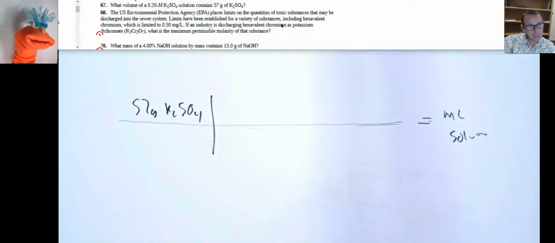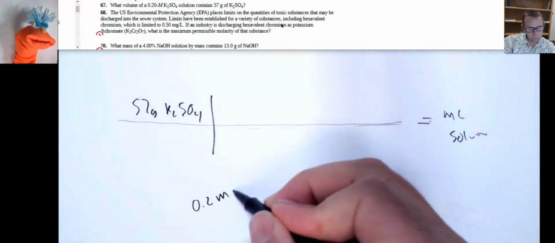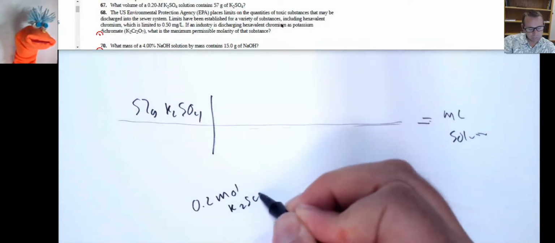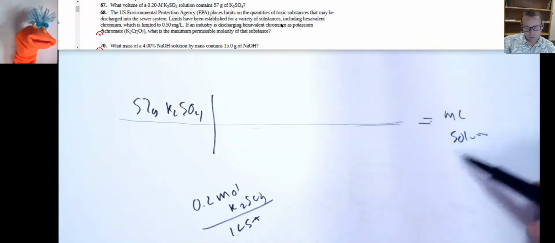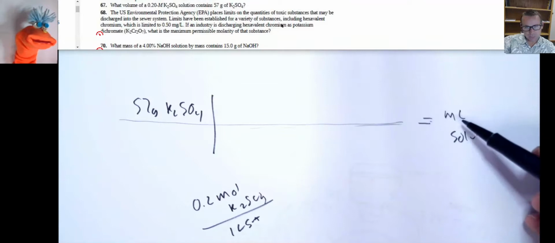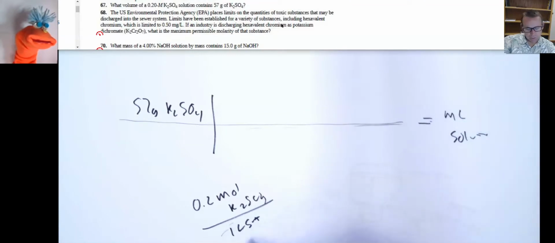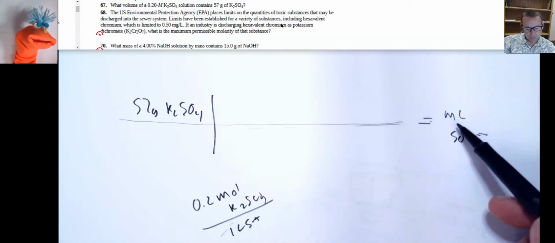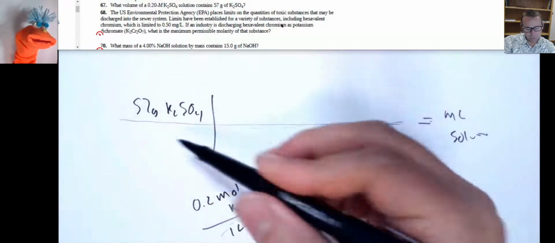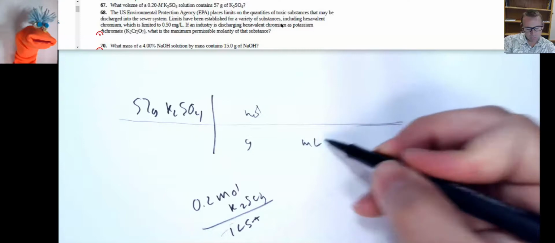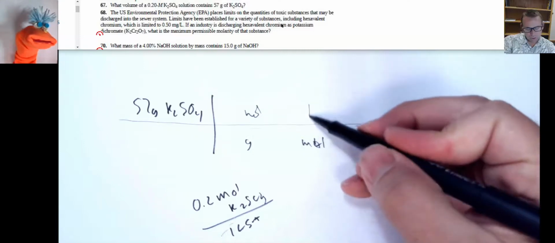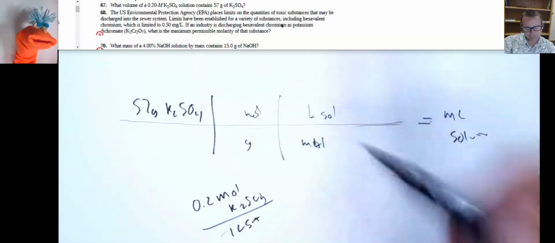And I have my molarity up there, 0.2 moles of K2SO4 for every 1 liter of solution. And I want to know liters of solution. So there's my liters of solution, and I need that on top. But I have moles. So I need to go from grams to moles, and then I can use this to go from moles to liters of solution.